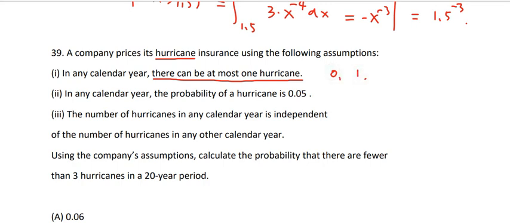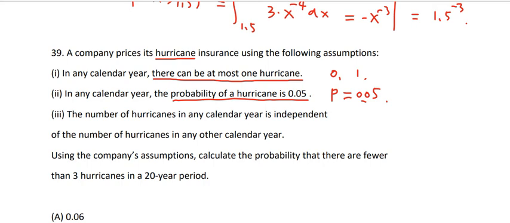We assume at most 1, so no 2, right? So this is just like a binomial distribution. So happen is 0.05, so we can regard it as p. So happen is 0.05, and not happen is 0.95, right?